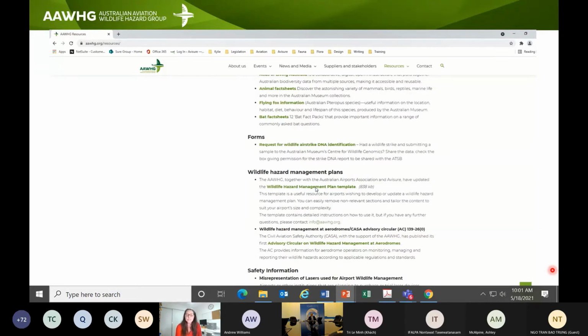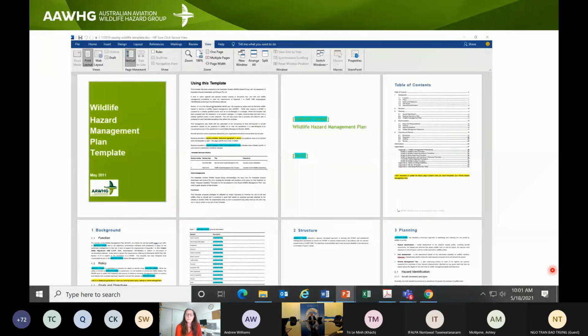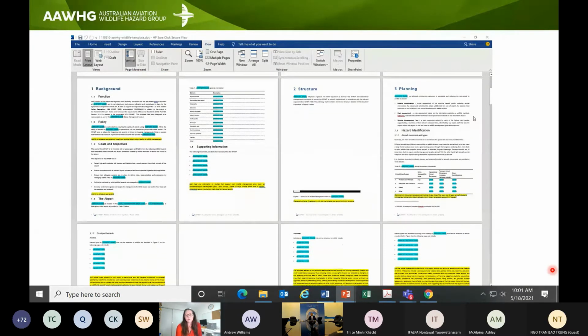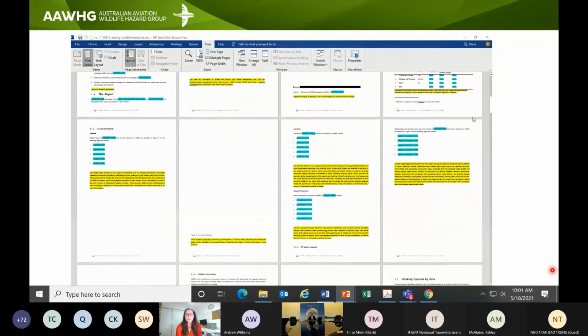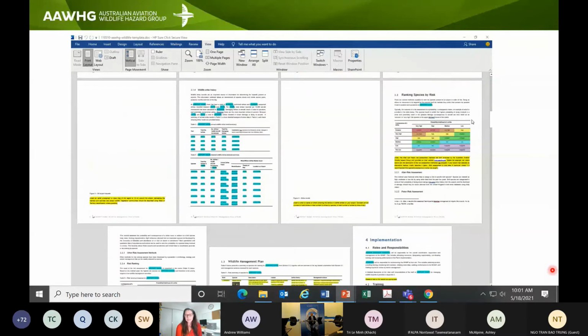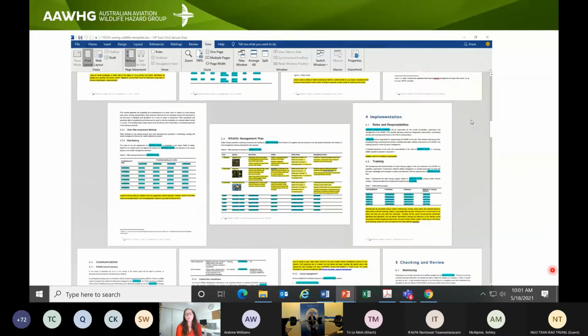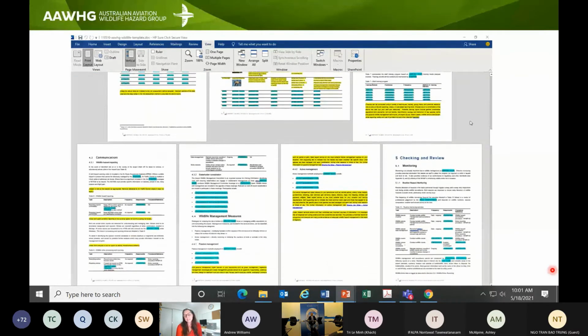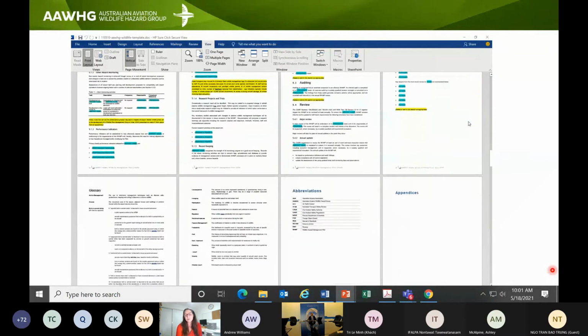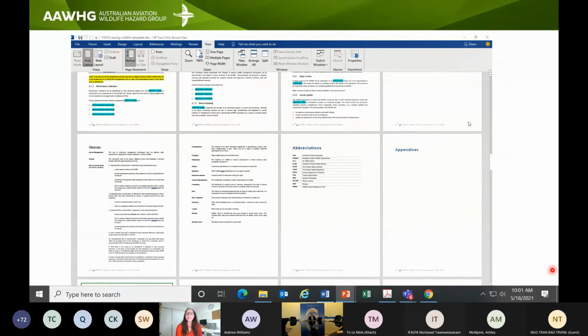If you could just click on the next slide for me. I'm not going to go into the full detail of this, but this is the template, and you can see that there are various sections that have been established for airports to populate with their own particular information, procedures, and risks.